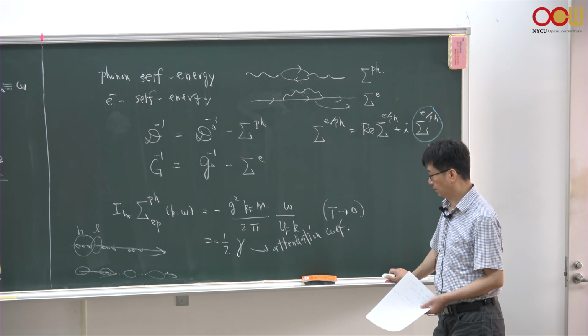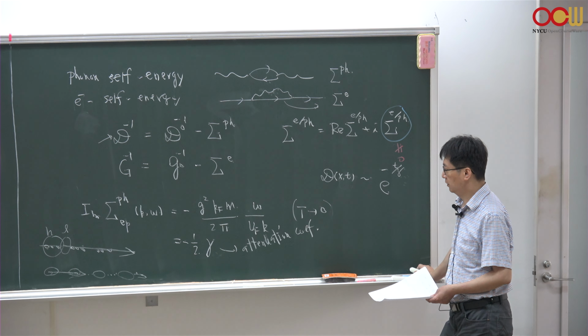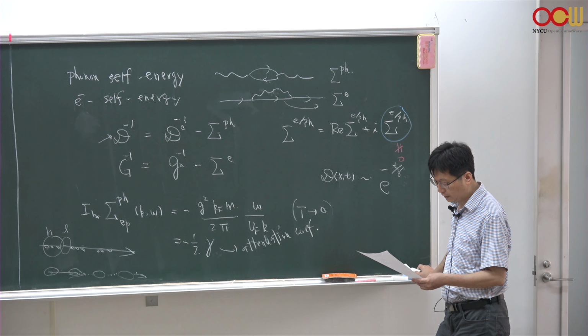So in other words, the phonon propagator decays, and the decay constant is defined precisely by gamma, which we call the attenuation coefficient, or ultrasonic attenuation coefficient. Which means that the sound-like propagation of the phonon modes will decay in time, because of the presence of a finite imaginary part of the self-energy.